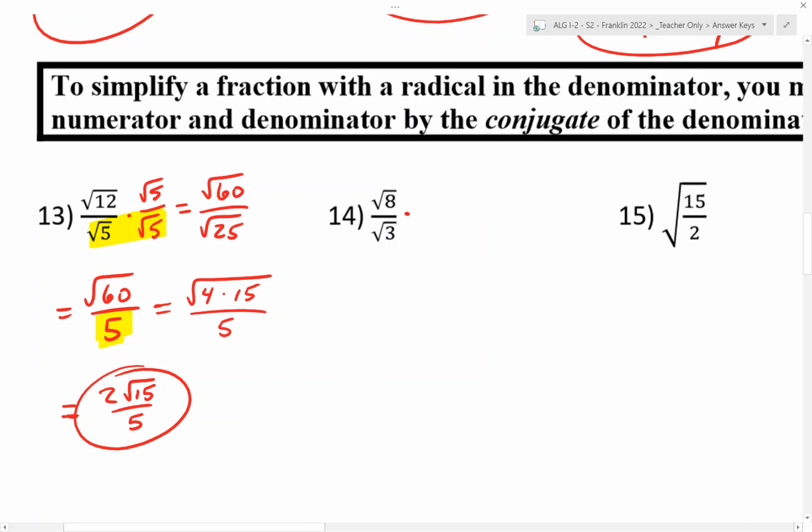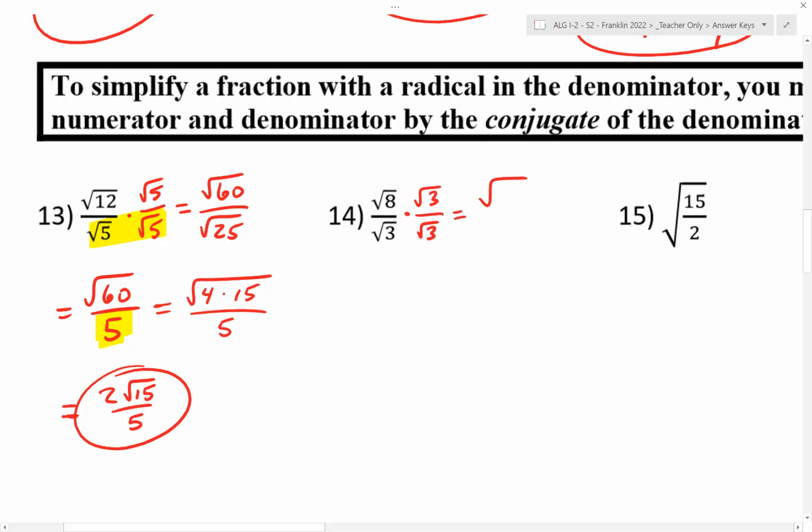All right, number 14, same idea. Multiply by what's on the denominator, square root of 3 over the square root of 3. The reason why we also multiply the numerator is because we want to not change the value of the fraction. And so we multiply by a fraction that's the same on the top and the bottom because it is equal to 1 and doesn't actually change the value of this fraction. It just changes the way it looks.